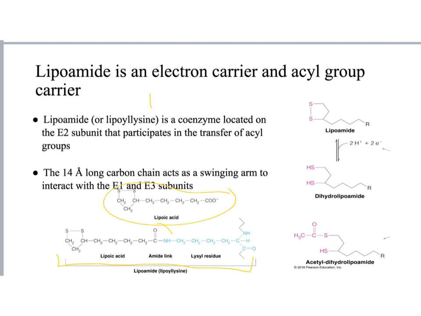You'll notice that this is why it's called lipoamide, because it has an amide group in it, and hopefully you can also see that it's coming from the side chain of a lysine or a lysyl. So the side chain of a lysine will create a peptide bond or an amide bond with that carboxylic acid. You've seen that mechanism before. It's the same thing as peptide bond synthesis.